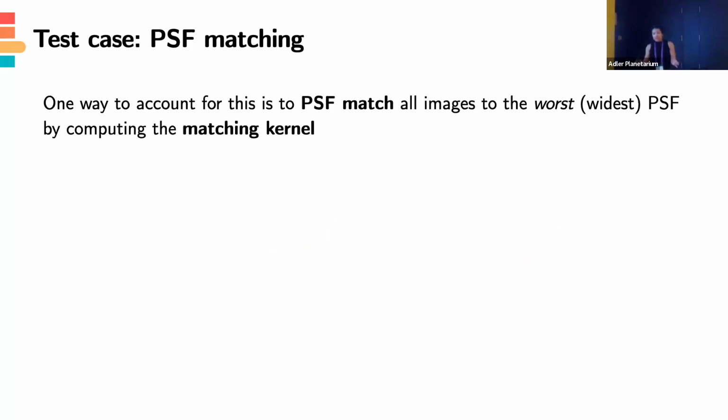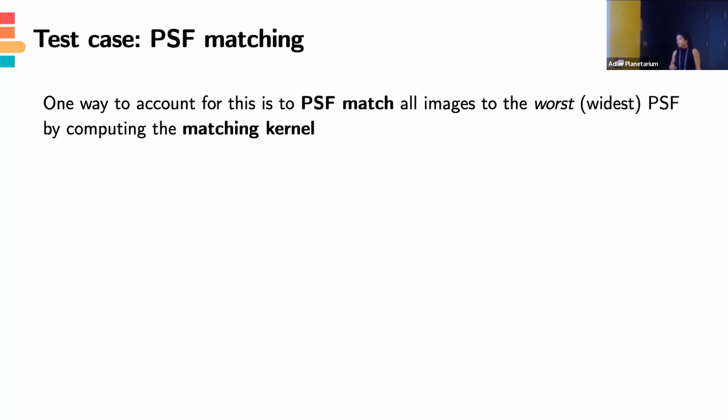So same as in the point source case, we would like to measure some physical colors. We don't want to measure the difference between our PSFs whenever we do photometry. So one way to account for this is to PSF match all of our images to the worst PSF. And when I say worst, I mean the widest, so it's essentially the PSF that spreads the light out the most.